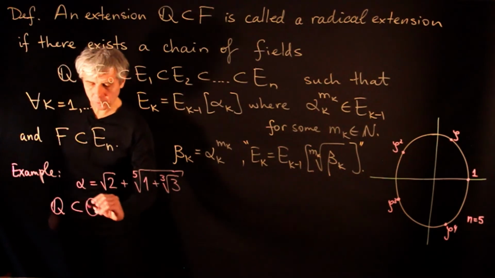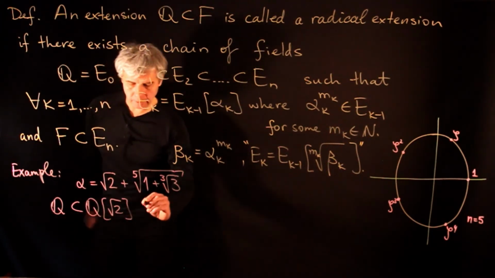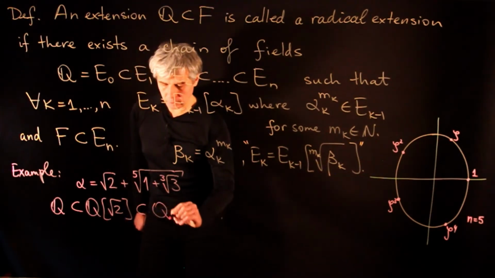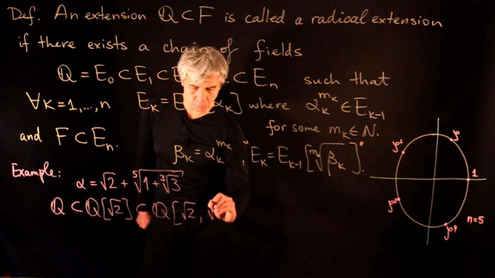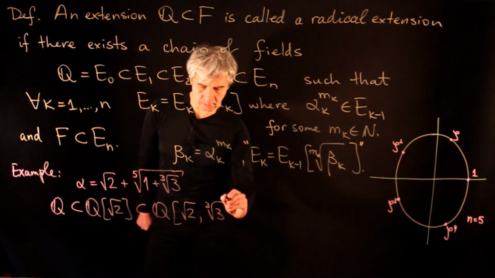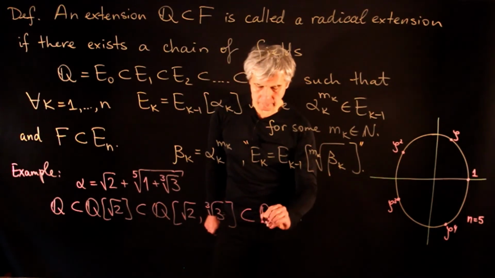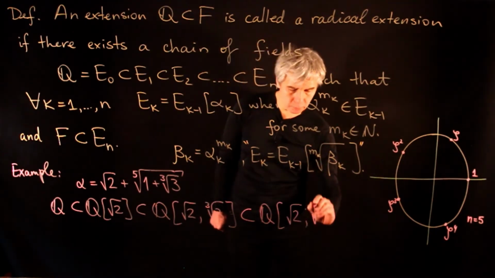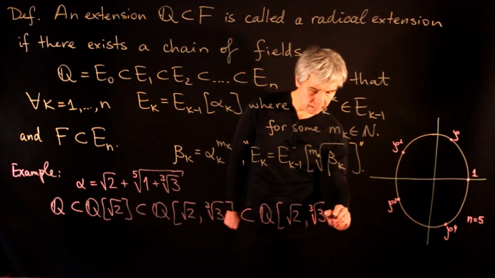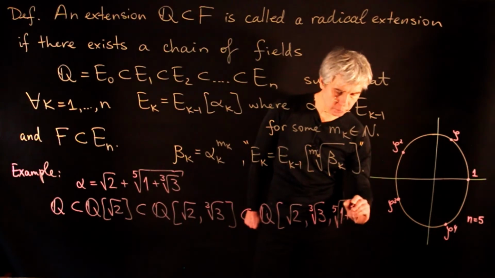So we have Q, then we take Q adjoined square root of 2, then Q adjoined square root of 2 and cube root of 3, and finally we take Q adjoined square root of 2, cube root of 3, and fifth root of 1 plus cube root of 3.